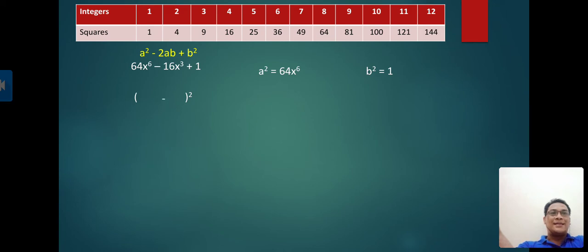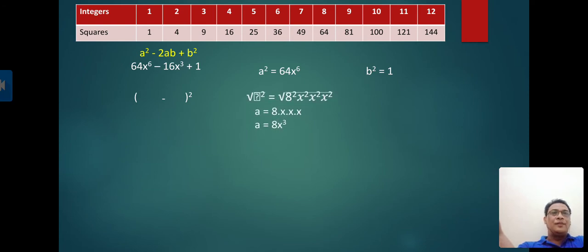Your sign is negative, that is the sign of your second term. So 64 is 8 squared, and x raised to 6 can be factored as x squared multiplied by x squared multiplied by x squared.